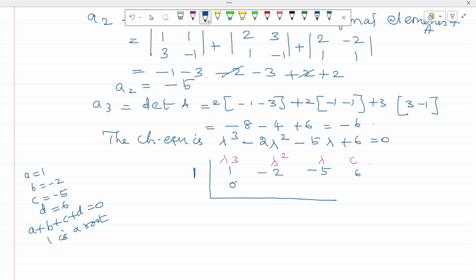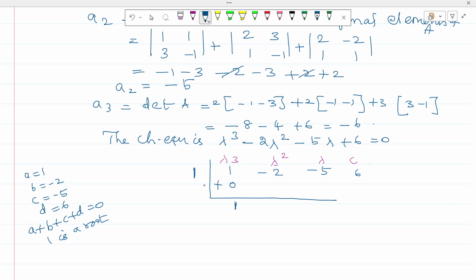If it is not satisfied, then you can go for minus 1. If both are not satisfied, go for 2, minus 2, 3, minus 3. This is the trial and error method, followed by the synthetic division method. Now we have to add this: 1 plus, arbitrarily we can put 0 here.